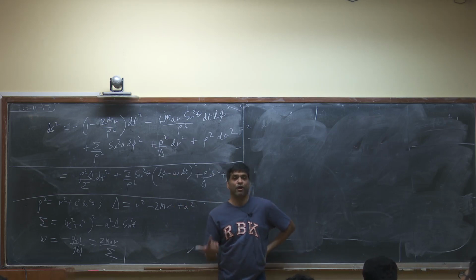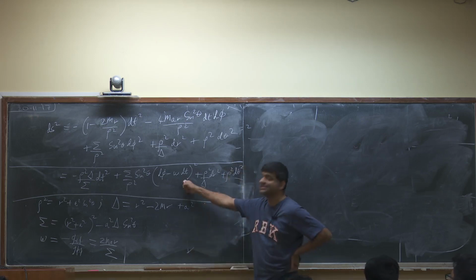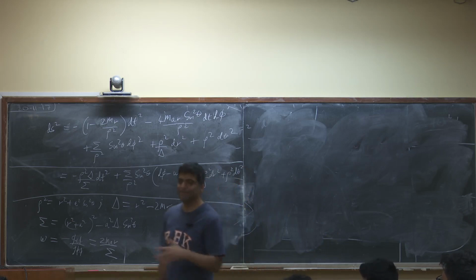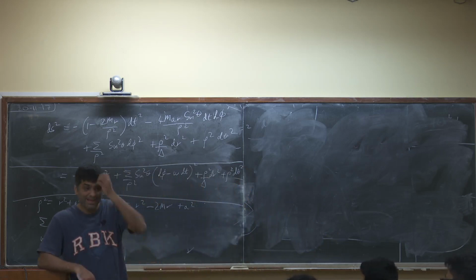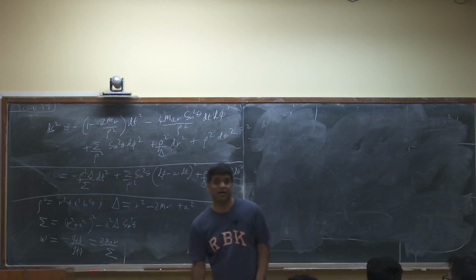There's this thing called the no-hair theorem, which basically is the statement that these are the only stationary solutions of Einstein's equations with mass m and angular momentum a. I want to emphasize this again.